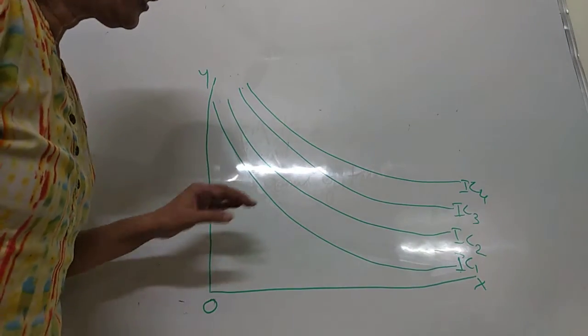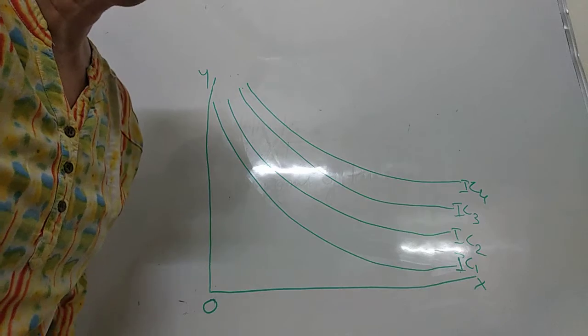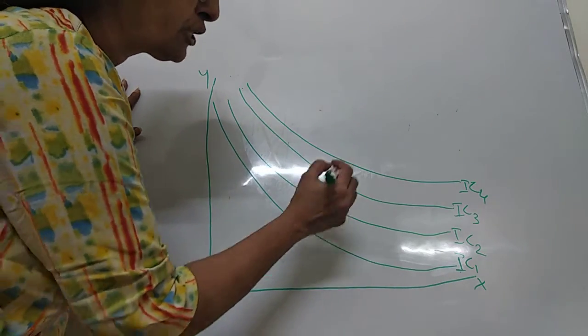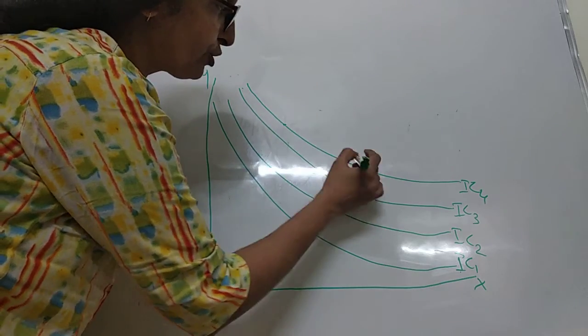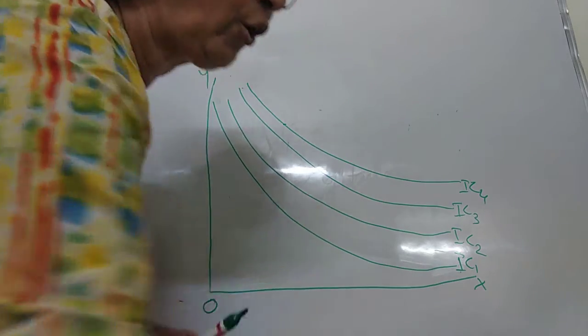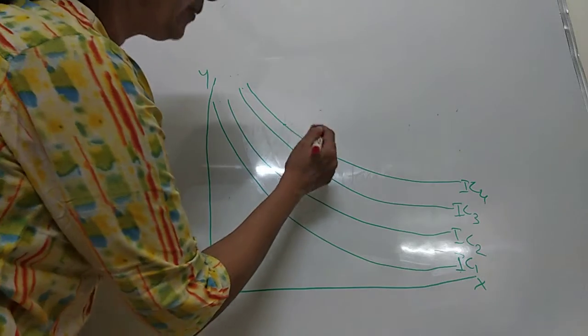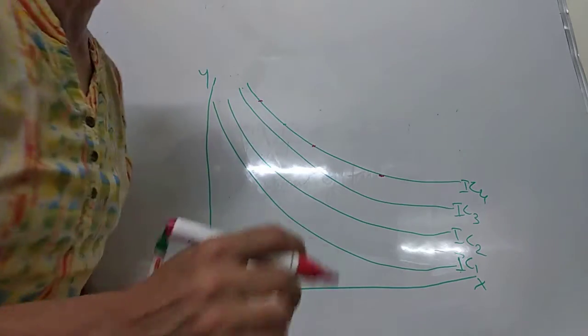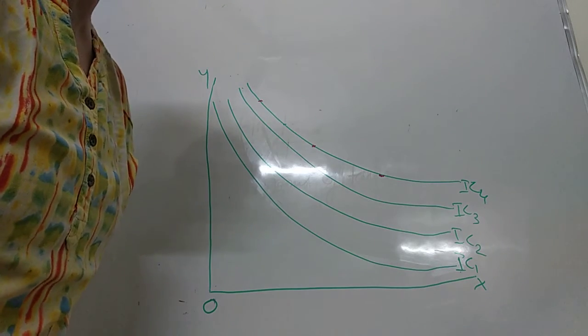So we'll say that given the indifference map, the consumer will always prefer to consume any combinations which are lying on IC4 because of the property that a higher IC gives a higher level of satisfaction.